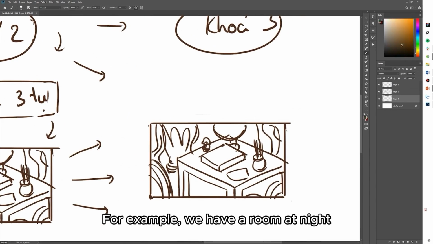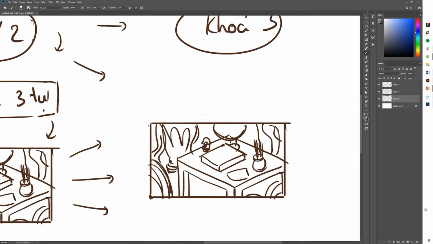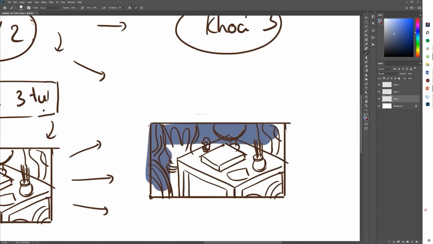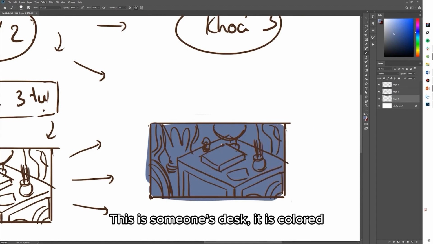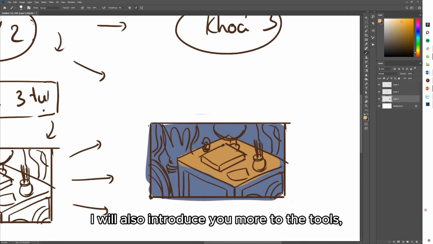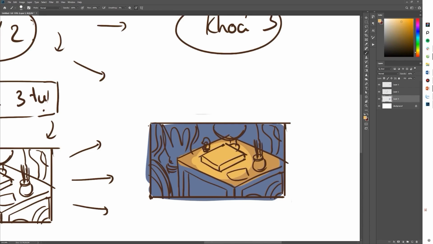For example, we have a room at night. This is someone's desk, it is colored. I will also introduce you more to the tools, the tools for coloring.